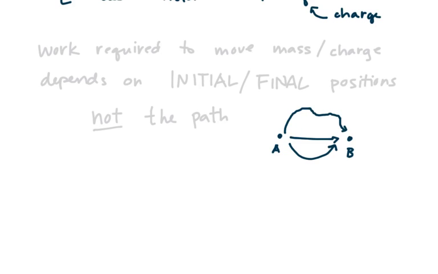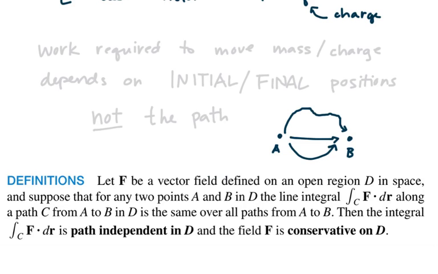So this brings us to the study of vector fields with this independence of path property. What is path independence? What does it mean? Let's first look at a definition. Let F be a vector force field defined on some open region D in space.